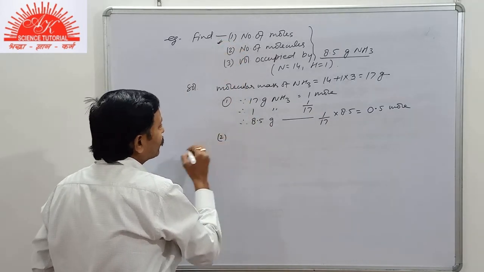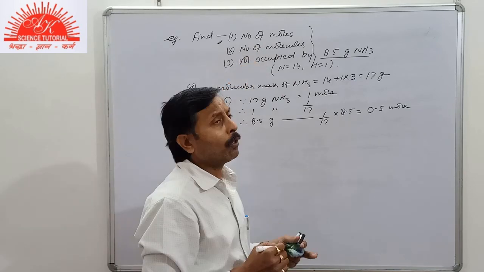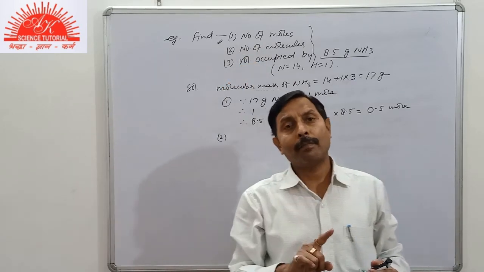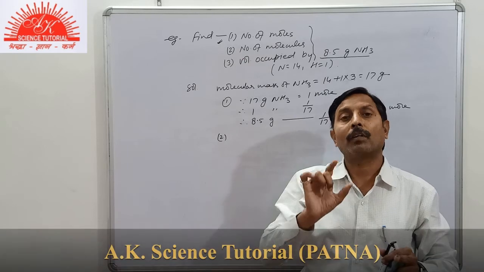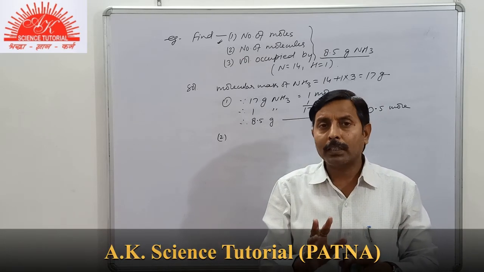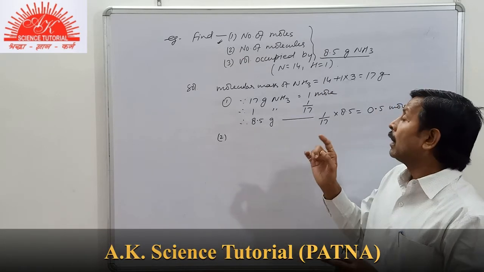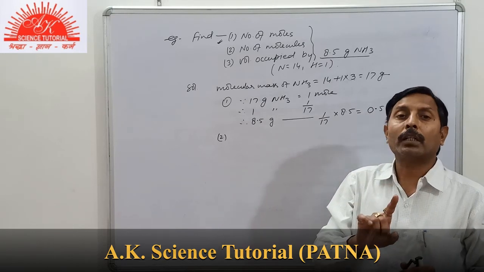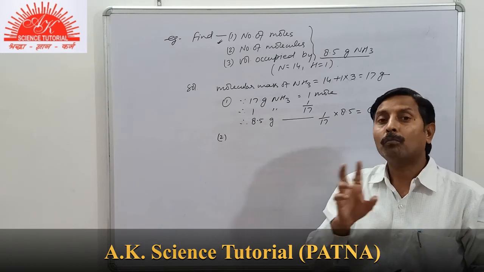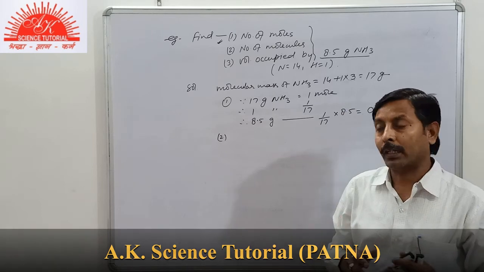Come to the second part. This time we have to find the molecules. Again remember the second line of relationship. The gram molecular mass of every substance will have 6.023 into 10 to the power 23 molecules. This is the standard quantity.